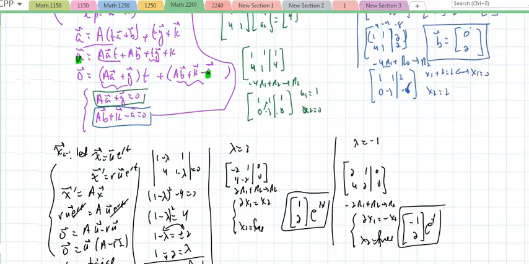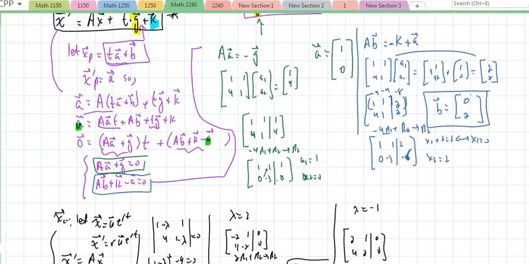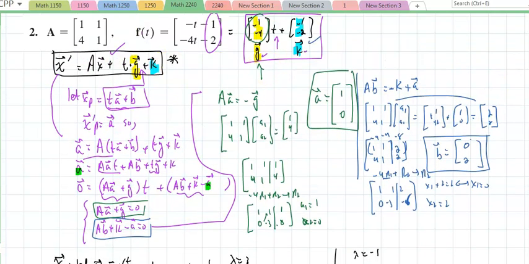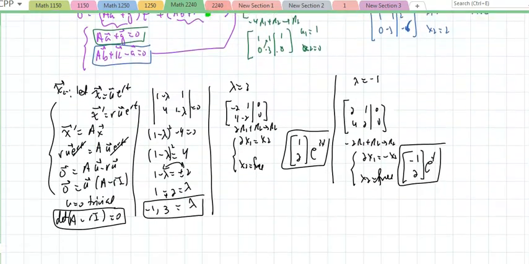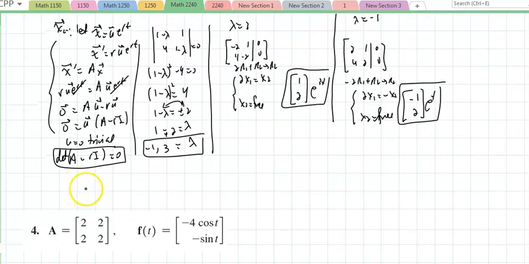Now I want to write my solution. I have my A, I have my B. All I have to do is write it in my final answer.